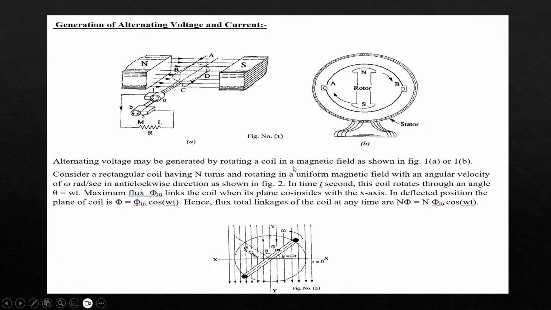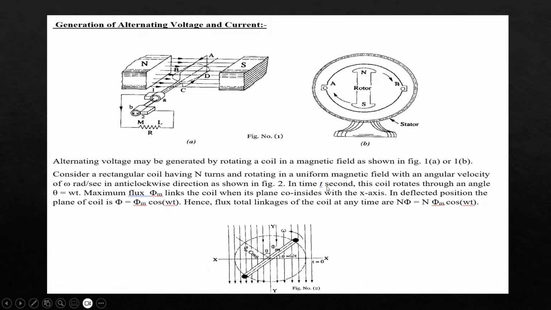So alternating voltage is generated by a rotating coil in a magnetic field as in figure B. Consider a rectangular coil having n turns and rotating in a uniform magnetic field with an angular velocity of omega radians per second in anti-clockwise direction, basically clock goes like this, so we are going like this, as shown in figure 2.